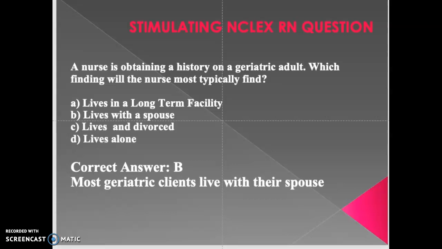We know that patients feel more comfortable in the comfort of their own home. So living in a long-term care facility, which is a nursing home, is not an ideal situation. It's always better for the older person to live with their loved ones.